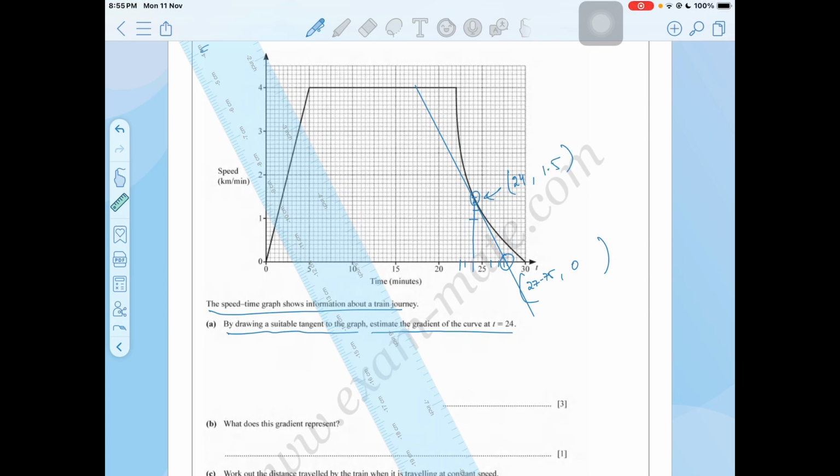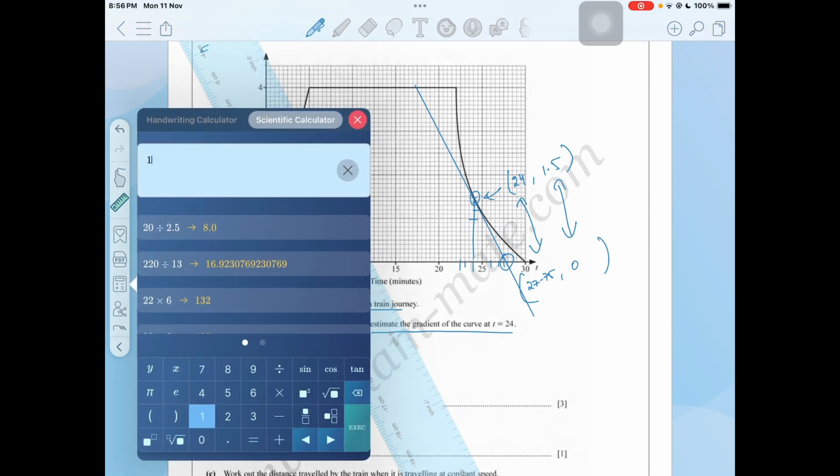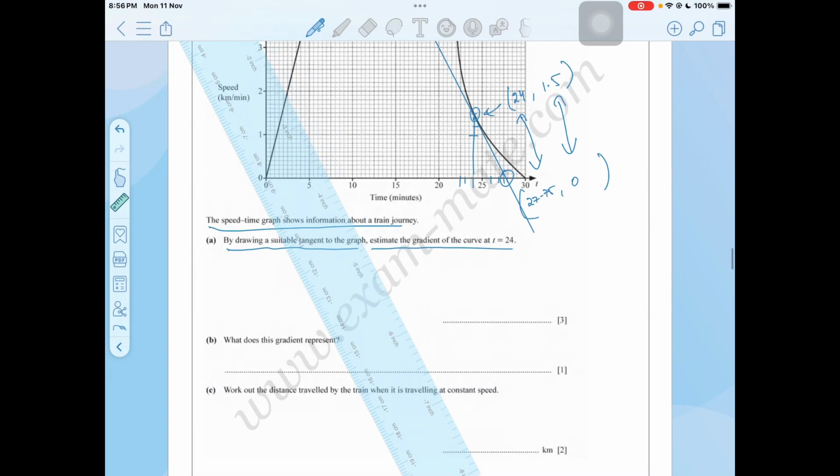Just take this as 1.5, right? So we have 1.5 divided by 3.75. We get our answer as around 0.4, negative 0.4. So this is negative 0.4, right?